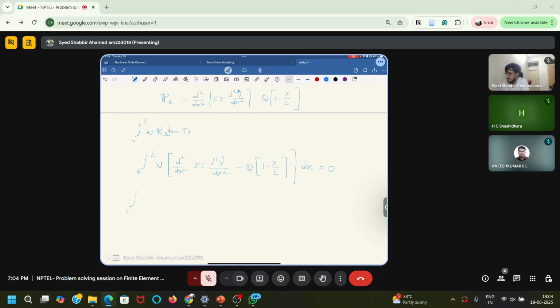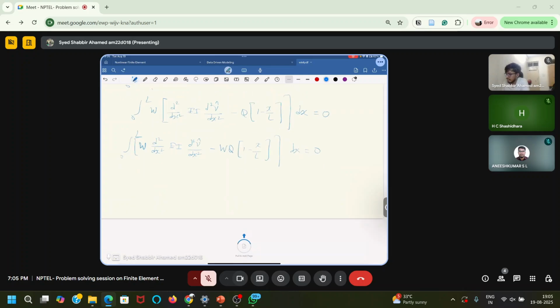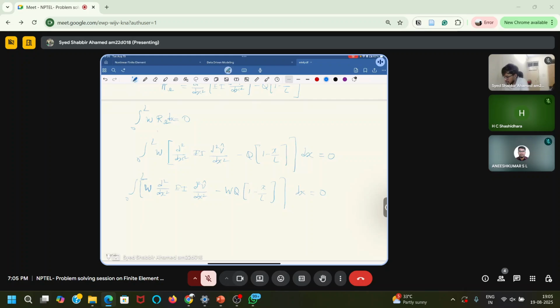Now I will apply this multiplication with the weight function for each term which we have. I'll take each term separately.